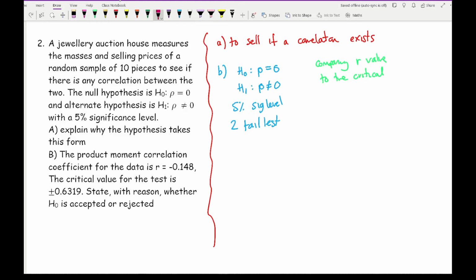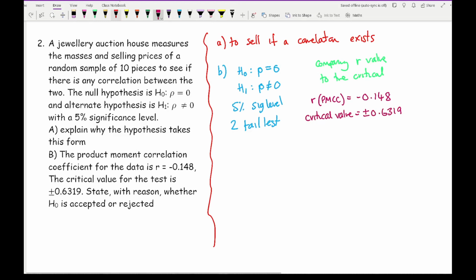So what we've got is that our R, or our PMCC as we tend to call it, is equal to minus 0.148, and our critical value is equal to plus or minus 0.6319. Although we've got two values, they're just boundaries to see where our R value exists and which one is closer to 0.